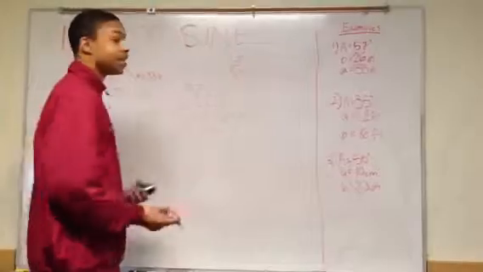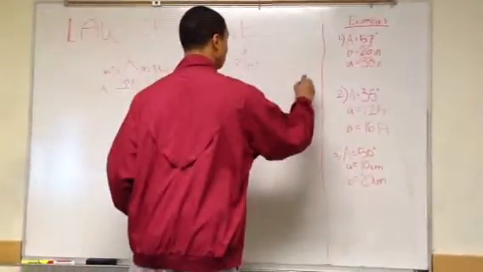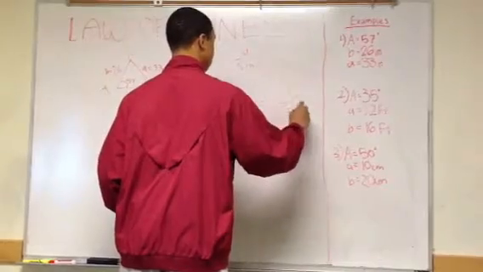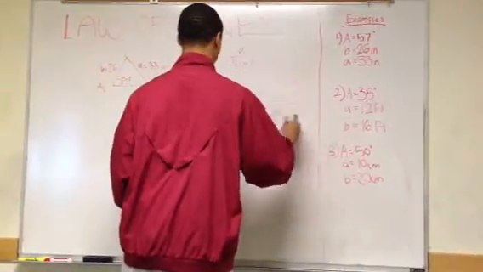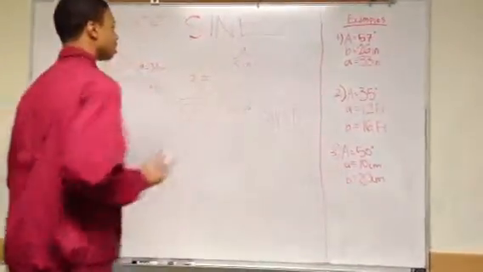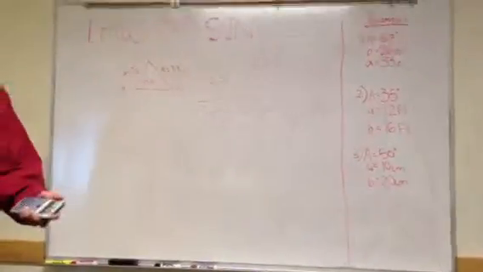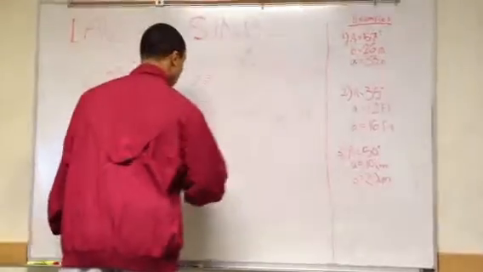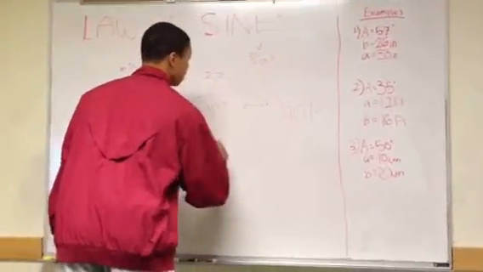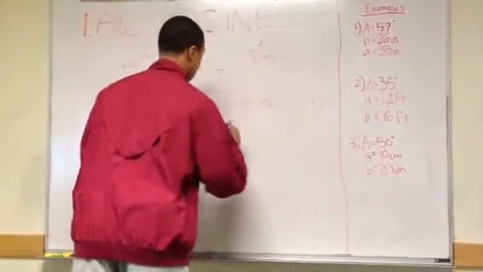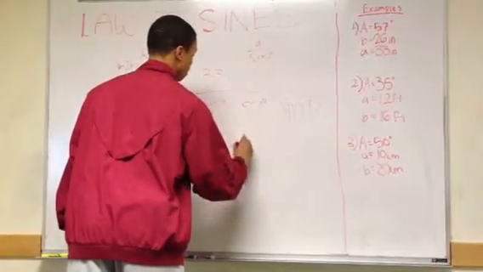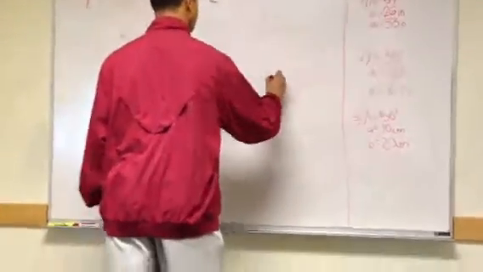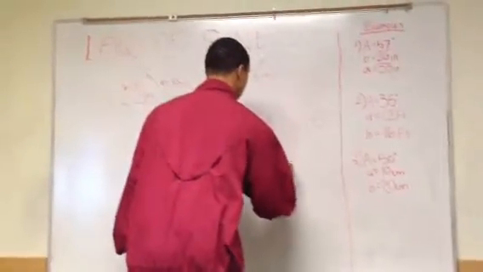Now, B, we already have the side for B, so that's 26 inches over sine of B. We don't know what that is. So, now that we have to find sine B, the angle, here's what we'll do. 33 times sine B equals 26 times sine 57.